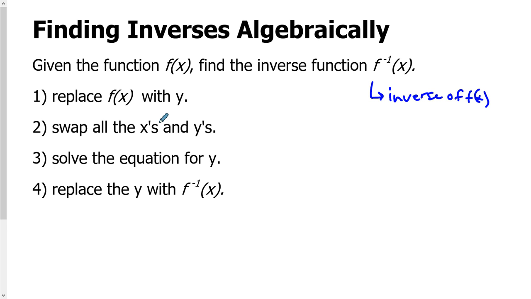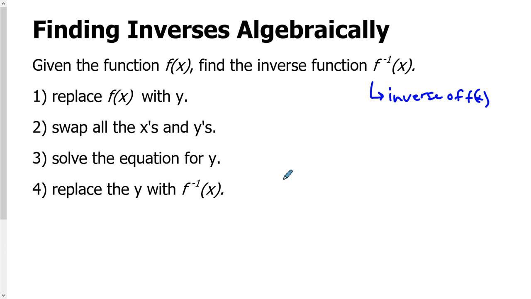Then we're going to swap all of the x's and y's, meaning if it was a y, now it's x. If it was an x, now it's a y. Then we're going to algebraically solve the equation for y. And then once we've done that, we're going to replace the y with f inverse of x, indicating that it is the inverse of that particular function.